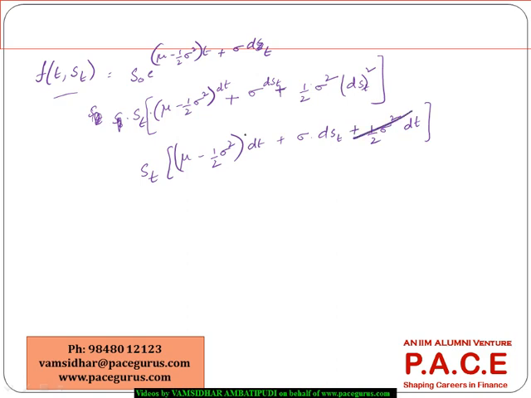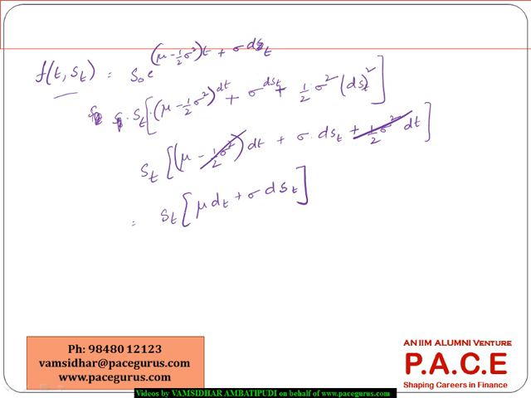This term is getting cancelled off with this term, so it works out to S_t times (mu dt plus sigma dZ_t). This is what we arrived at when we initially talked about the geometric Brownian motion.